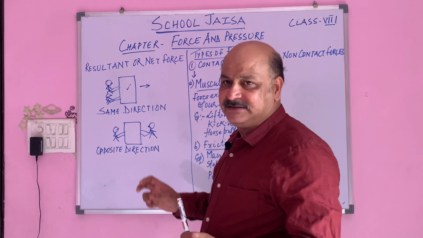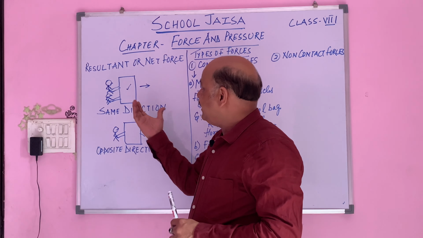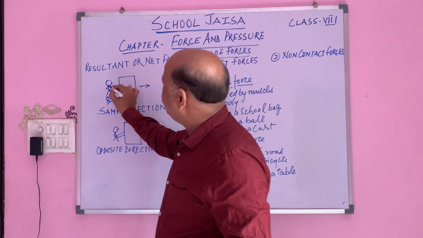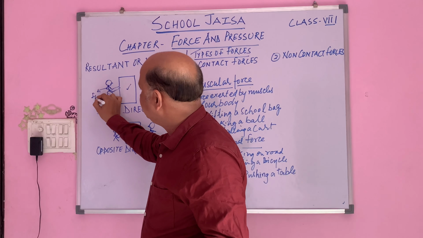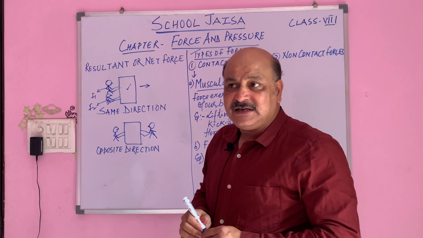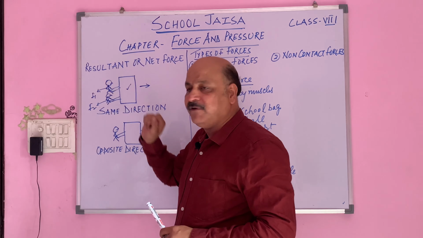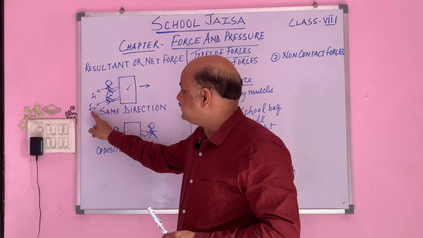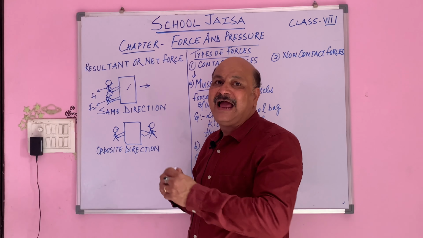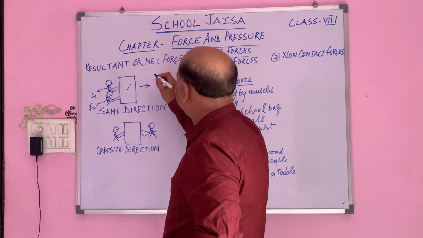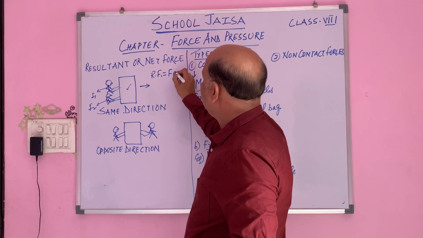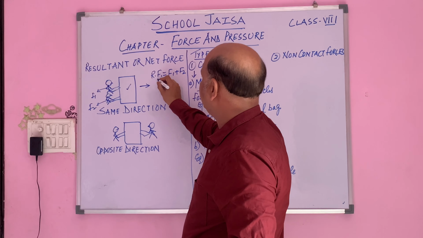If on pushing, it gets shifted in that direction, then the force applied by the first person is F1 and the force applied by the second person is F2. Since both forces are acting in one direction, the resultant force, which I am writing as RF, will be equal to the sum of these two forces.